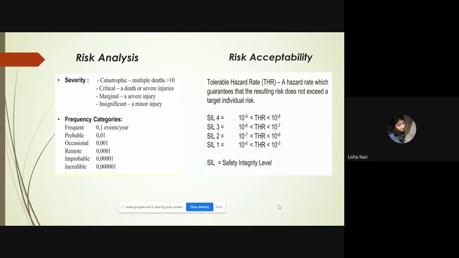Within that limit, if that requirement or that system fails, it is considered SIL 4. The next level is the critical level, which is less than the catastrophic level. That way, all these safety integrity levels are defined with a tolerable hazard rate.